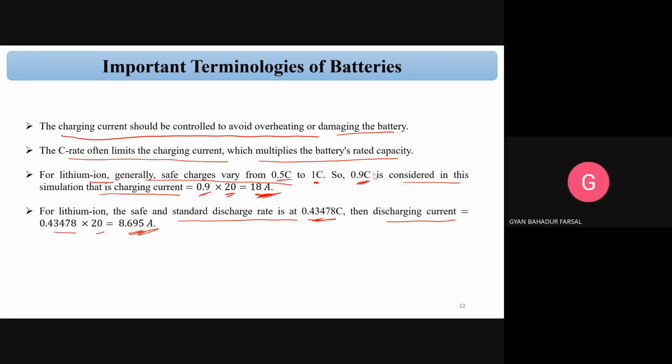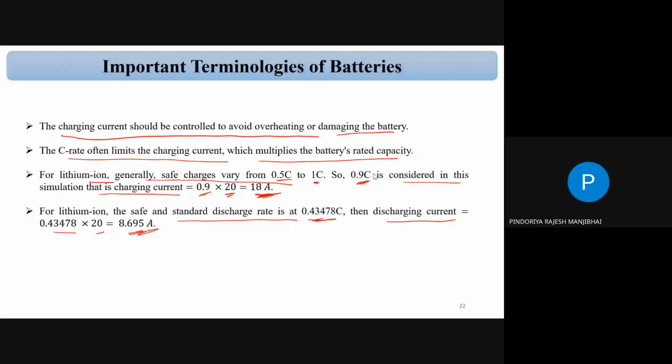Sir, do we assume the C rate or calculate the C rate? No, the C rate is provided by the battery manufacturer, and it is mentioned on the nameplate or the data sheet. How do manufacturers calculate or define the C rate?